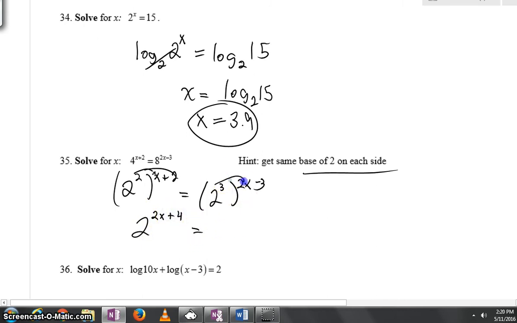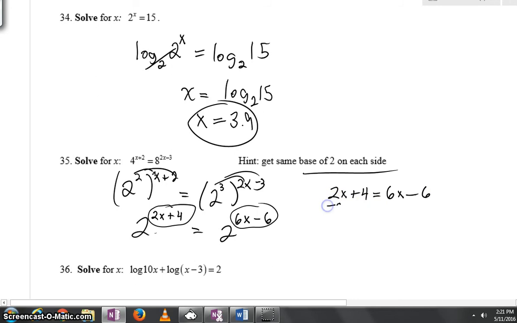On the right side, I'm going to multiply powers to powers. I will get 6x minus 6. And now I'm saying 2 to a power equals 2 to a power. The only way that's possible is if those two powers are in fact the same. So I have 2x plus 4 is equal to 6x minus 6. I'll subtract a 2x from both sides. 6x minus 2x is 4x.